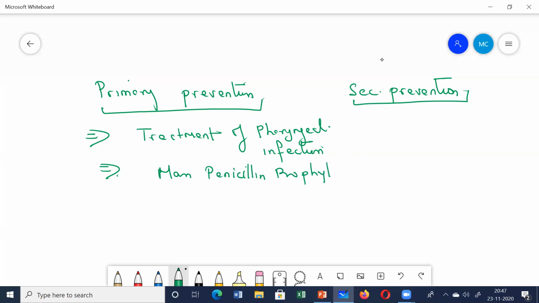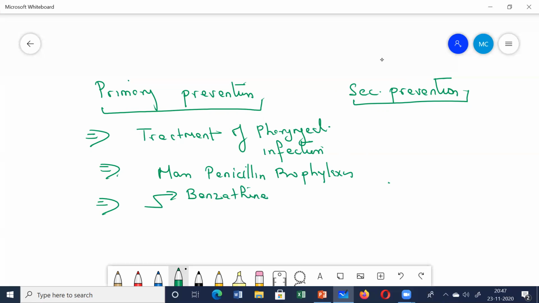And if it is already established by throat culture that the patient is affected with group A beta hemolytic streptococcus, what are you going to do? They are to be treated with the same anti-streptococcal therapy which I told you. What was that? Benzathine penicillin.